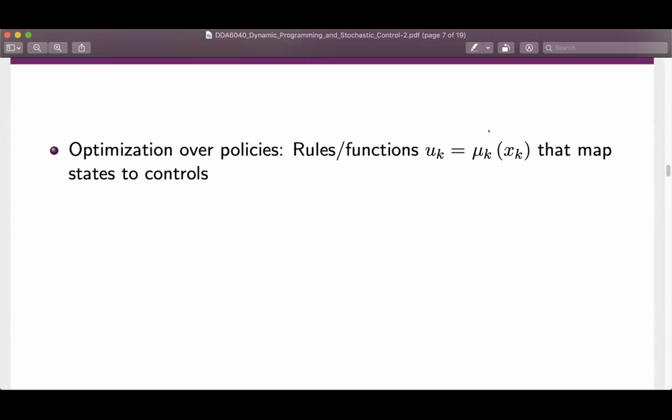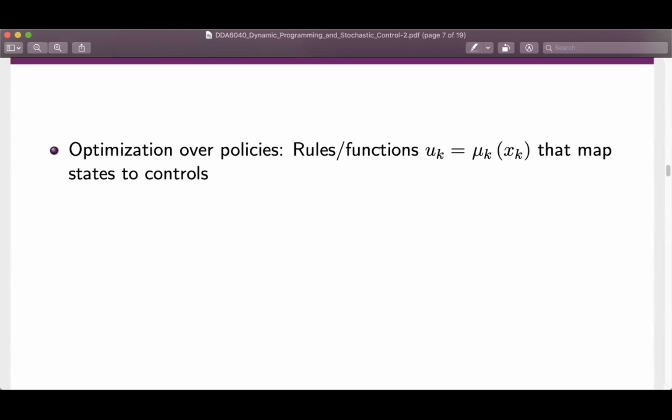You have this mapping, which means you have a policy to solve this inventory problem. The policy consists of a sequence of mu from mu 0 to mu n minus 1. The whole thing composes a policy.